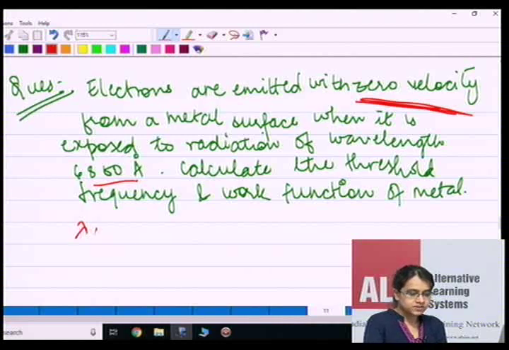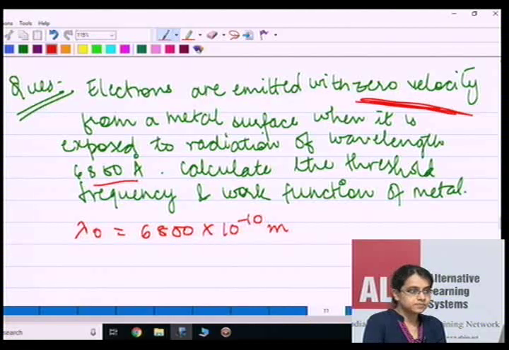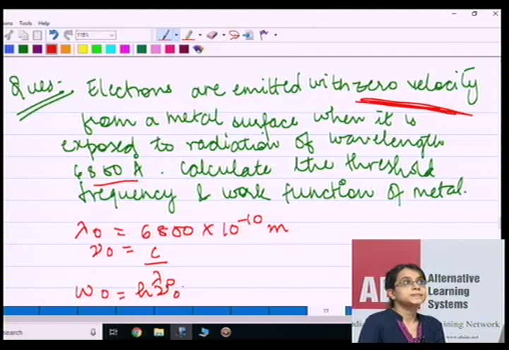So you have threshold wavelength, let's say lambda naught, as 6800 into 10 to the power minus 10 meters. Your threshold frequency would be equal to c upon lambda naught. You can just plug in the values and calculate this. And your work function, let's say W naught, would be equal to h nu naught.